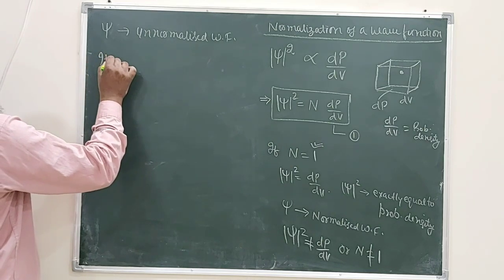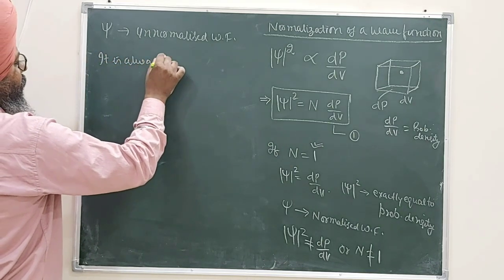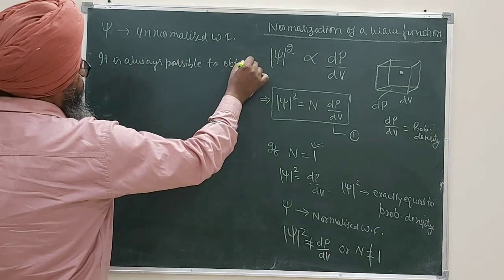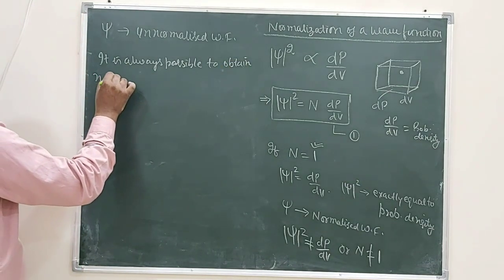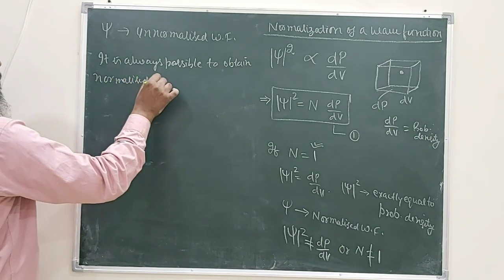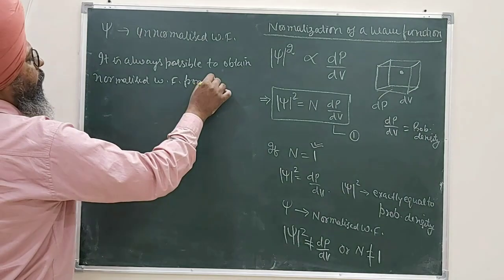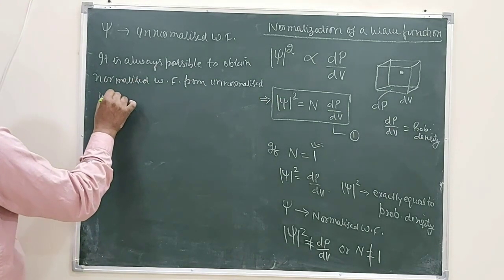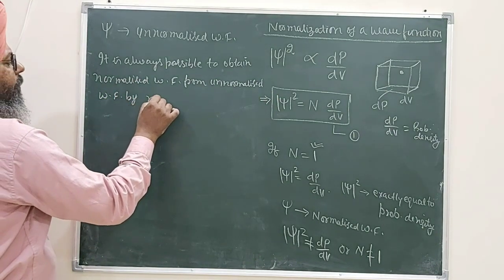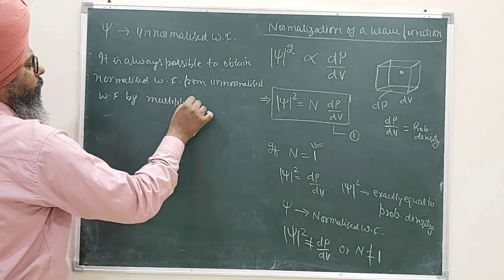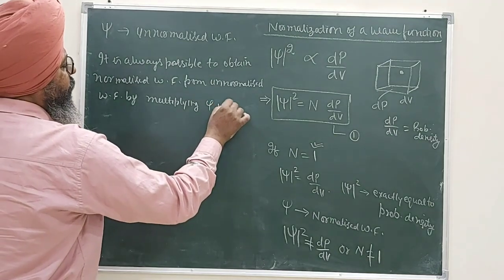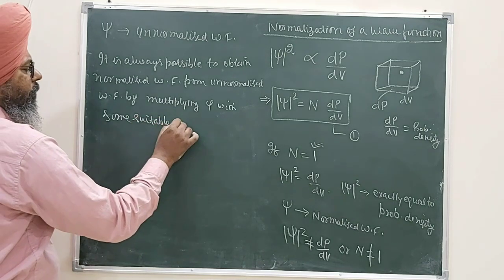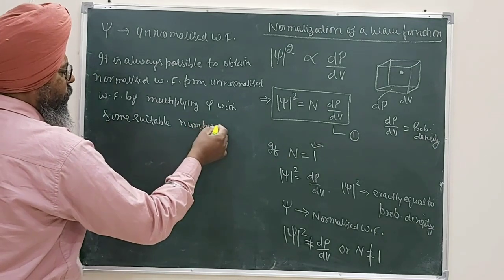However, it is always possible to obtain a normalized wave function from an unnormalized wave function by multiplying psi with some suitable number or suitable constant.